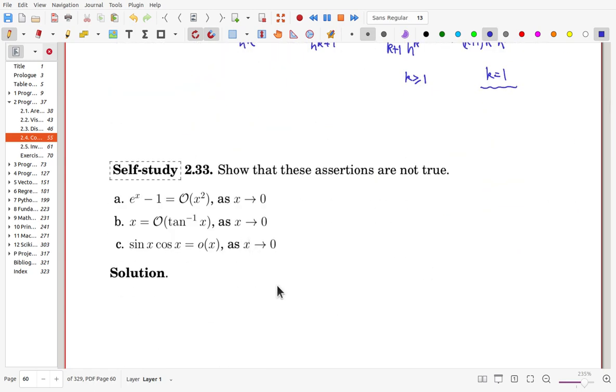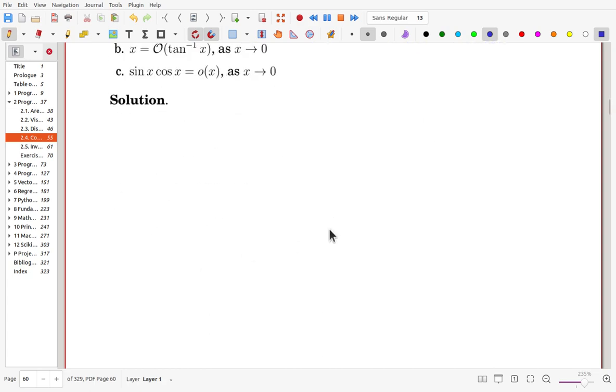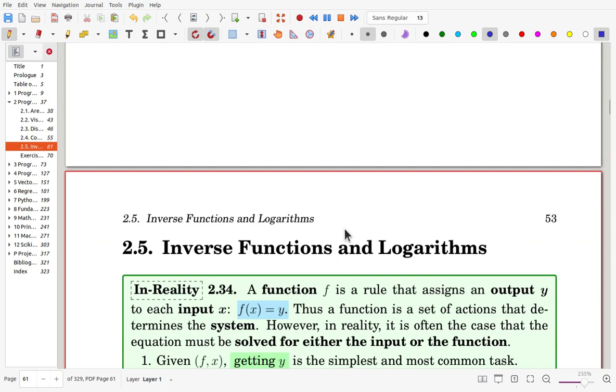Show that these assertions are not true if you have a calculus background, and by using the definition, this term divided by x squared and this term divided by that one, in the exact same way, you can check that these all are not true, okay? It's false. You can check it yourself. Okay, that's the end of the section. Thank you.